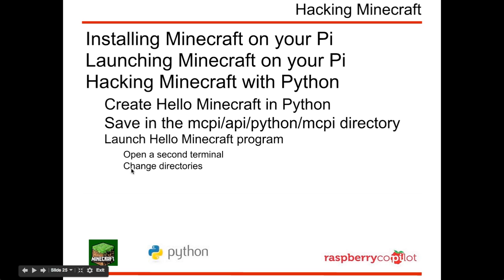So we're going to change directories like we did using that cd command and then naming the directory. And if you remember where we saved our file, we saved it in the mcpi directory, and within that one, we saved it within this directory, and within this directory, and within this directory.